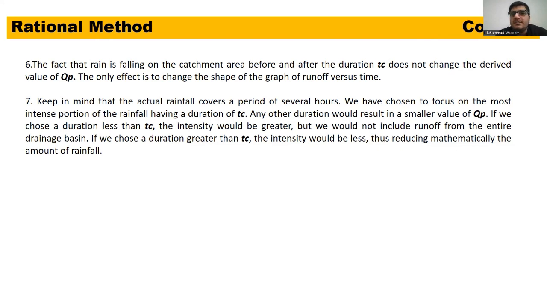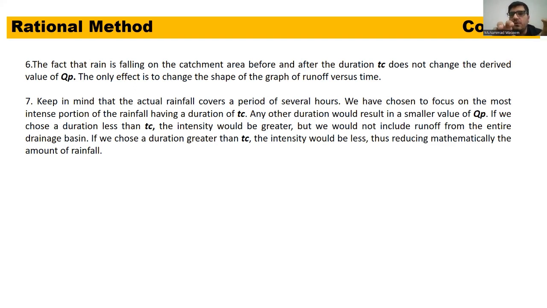Let's say student X asked me why, when the rainfall event's duration is less than the time of concentration, the peak is lower. Let's say the runoff takes 30 minutes from the remotest point to reach the point of analysis. So the time of concentration is 30 minutes, but the rainfall event you have chosen is for 15 minutes. What will happen?